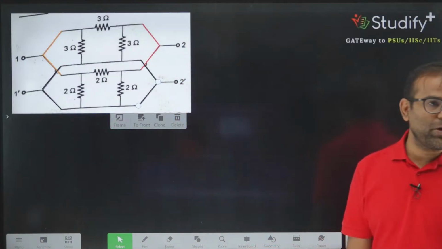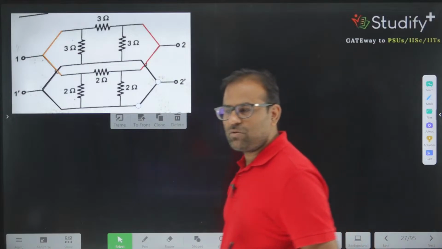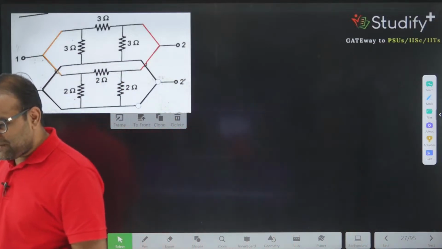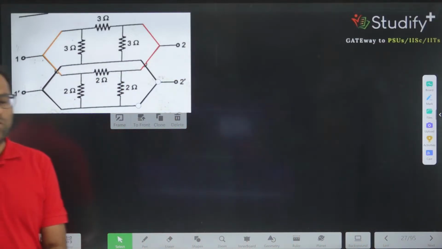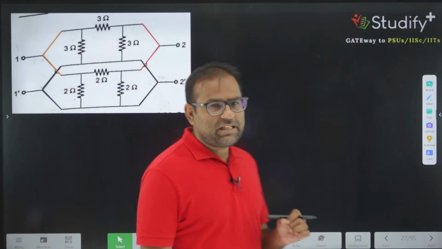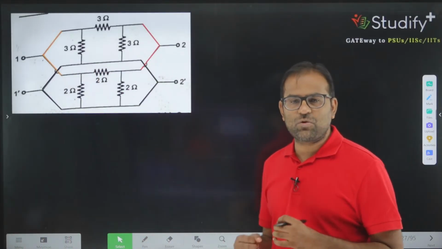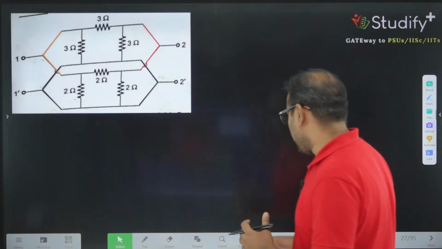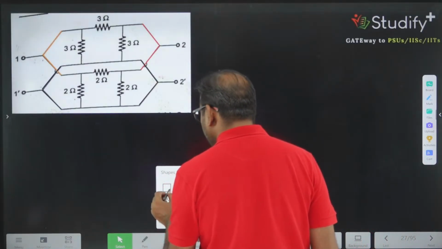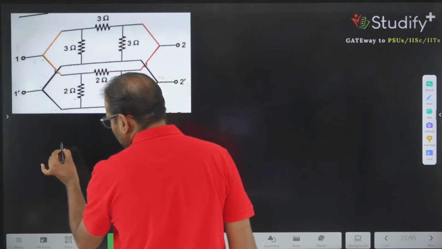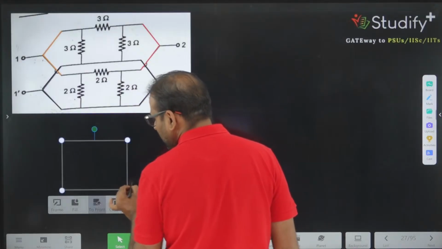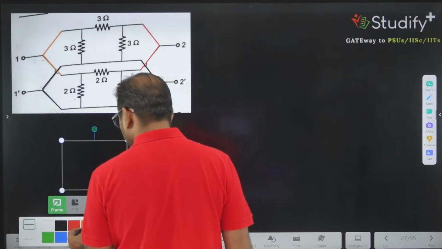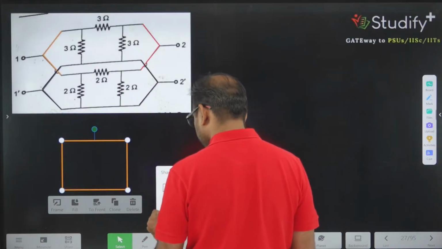So top point is connected, bottom point is connected. You can say which combination it is. This combination is known as parallel combination. So what is the easiest task? You can convert this two port network into a single one, means you can find the equivalent. I can convert this whole arrangement into this.